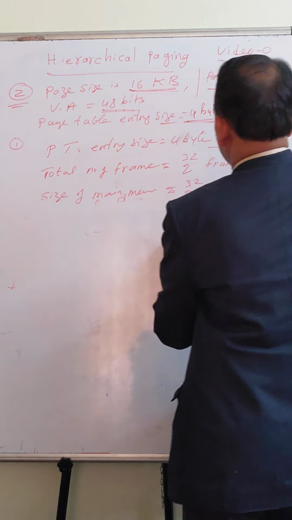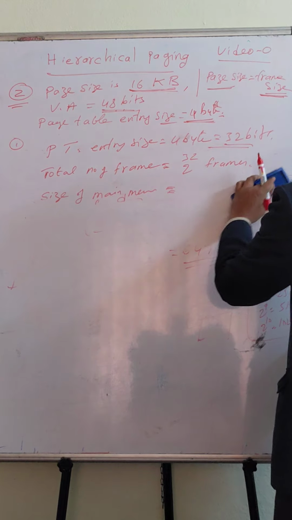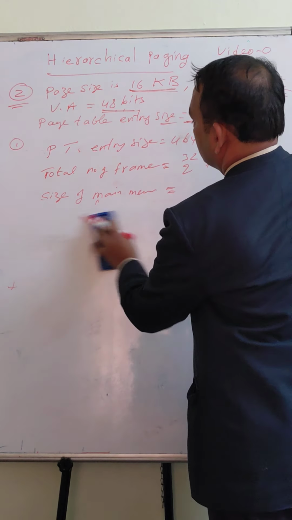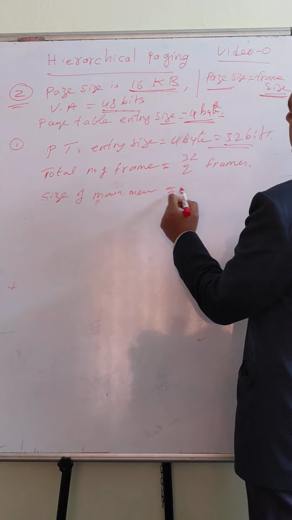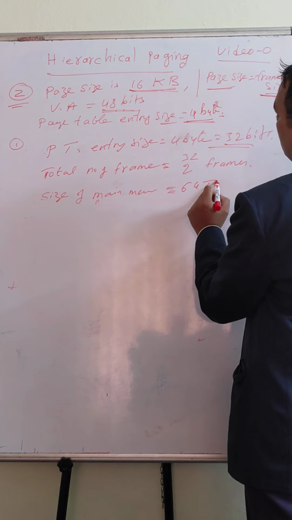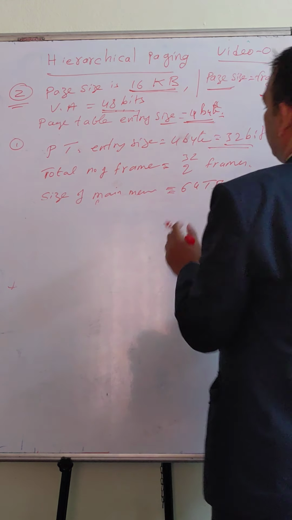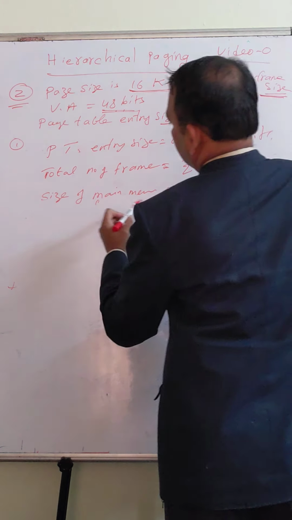Now we calculated the size of the main memory. The size of the main memory is 64 TB, so the number of bits needed is 46.